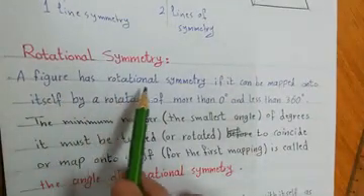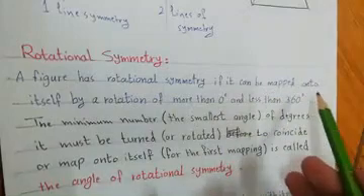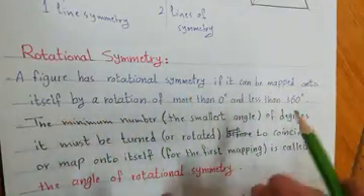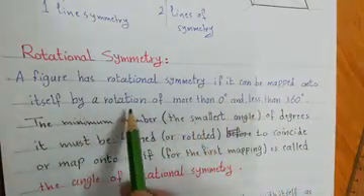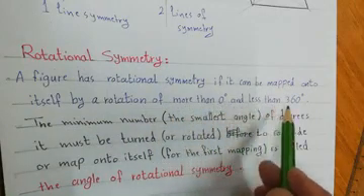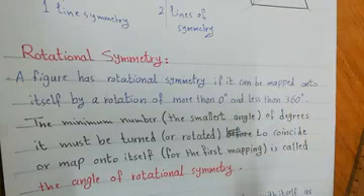A figure has rotational symmetry, any figure, if it can be mapped onto itself, or coincide with itself, by a rotation of more than 0 degrees and less than 360 degrees.